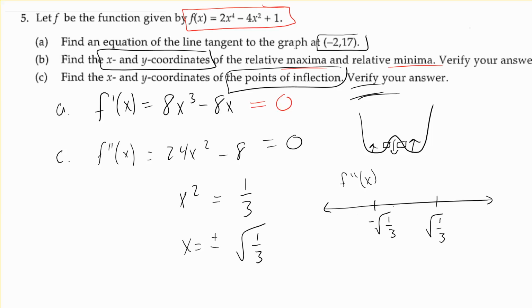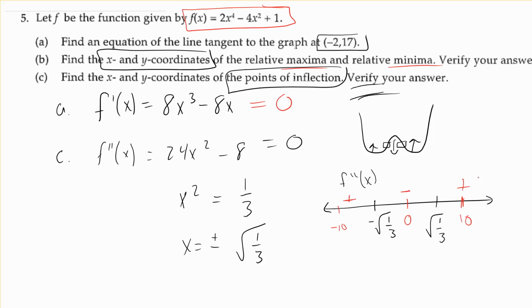So let's test something below this, like negative 10, in the second derivative. If I put negative 10 here and square it, times 24 minus 8, that's going to be a very positive number. When I put in a number like 0, I'm going to get 0 minus 8, a very negative number. And if I put in a number like 10, I'm going to get a positive number.